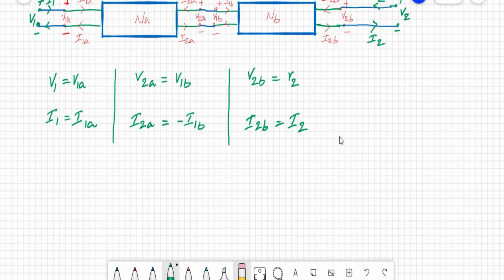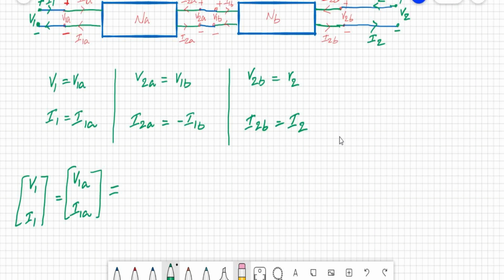Now from this, can I write V1 and I1 as one matrix, which is equal to V1A, I1A? I think you have remembered ABCD parameters. In the ABCD parameters, inputs are dependent and output variables are independent. These V1A and I1A are your input variables.